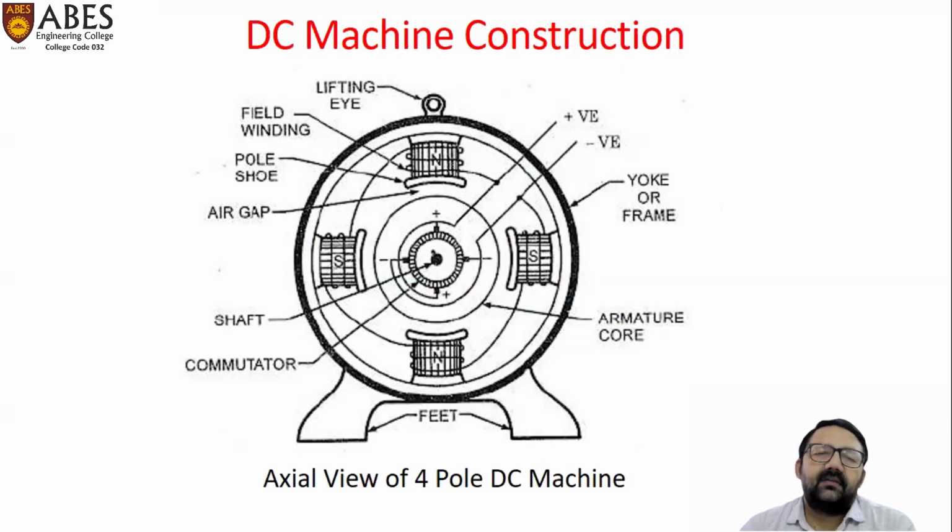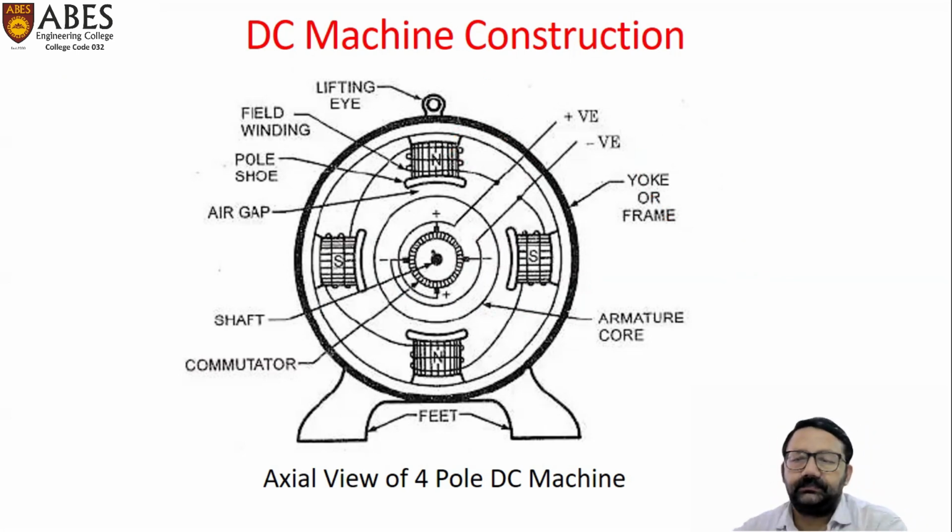So in this diagram, we can see the various parts of a four-pole DC machine. Here, the outermost covering of the machine is known as the yoke or frame of the machine.